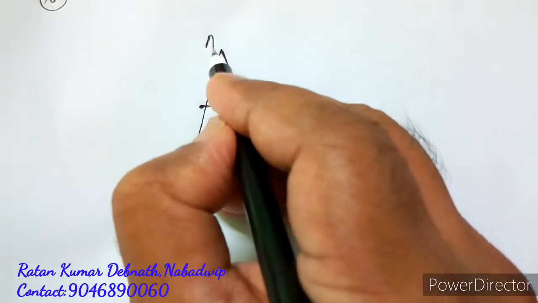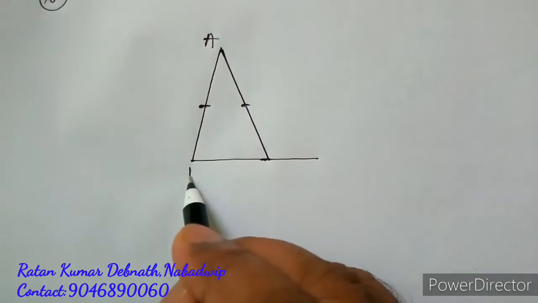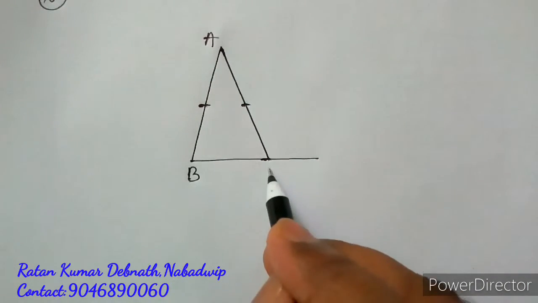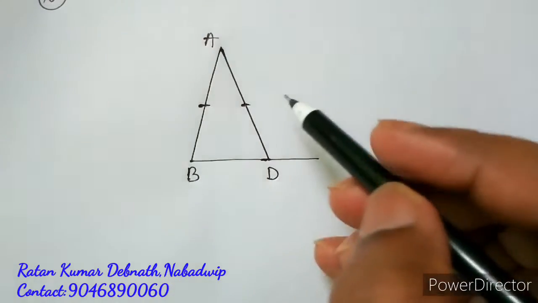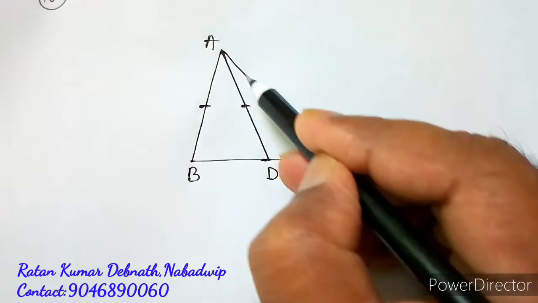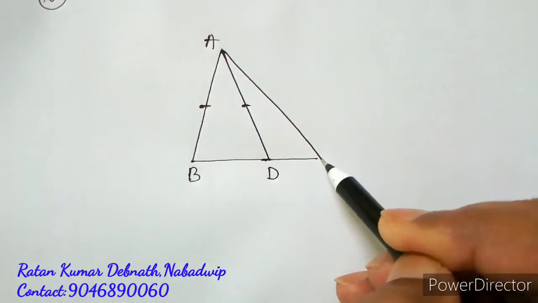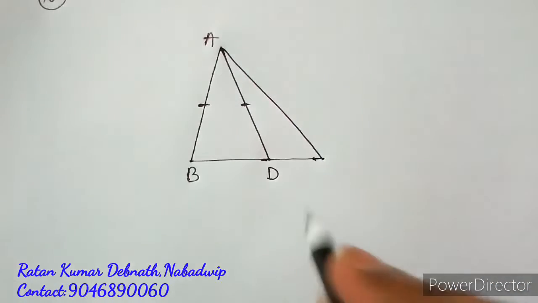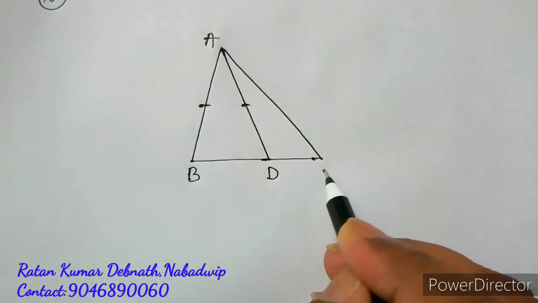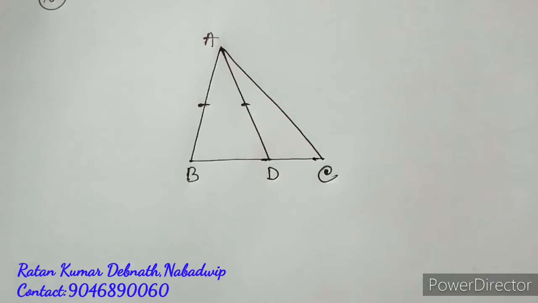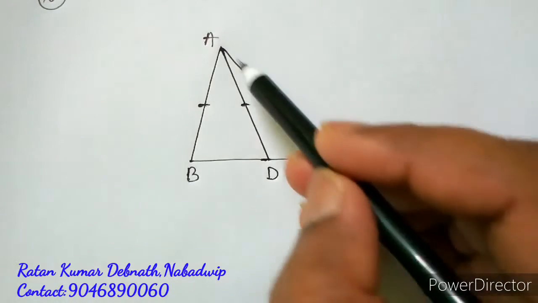This is A, B, this is D. This is C. Now see, ACE is another isosceles triangle.